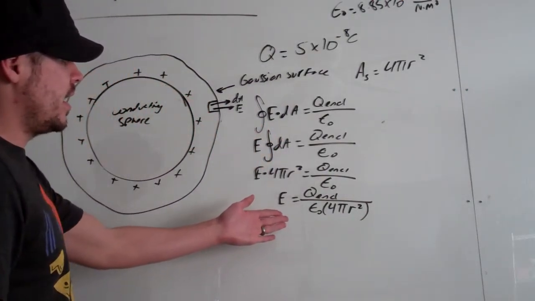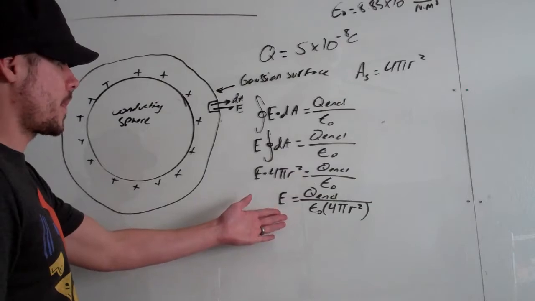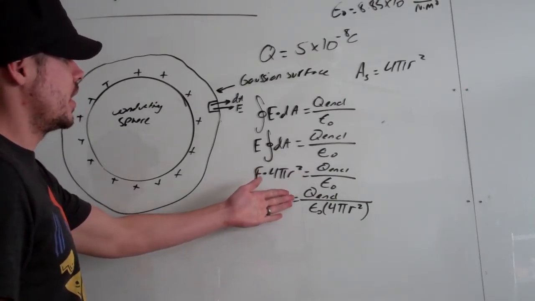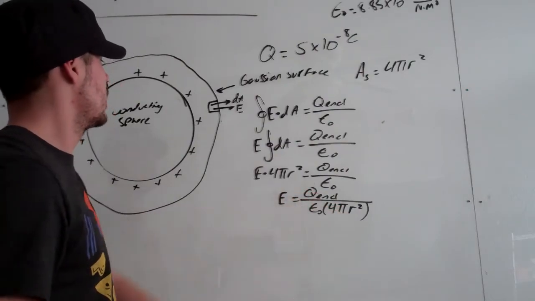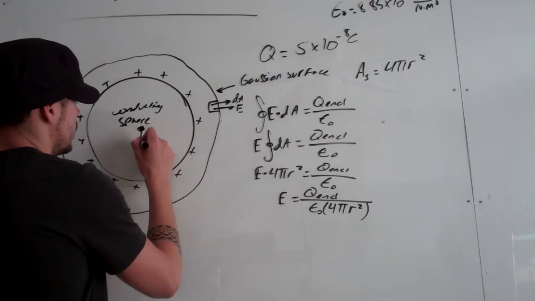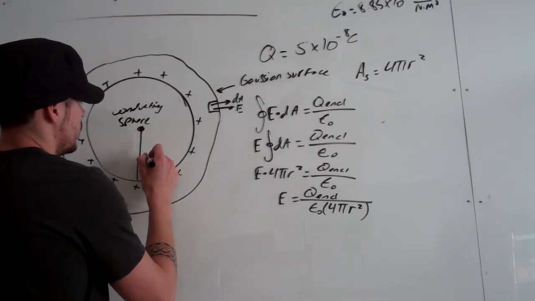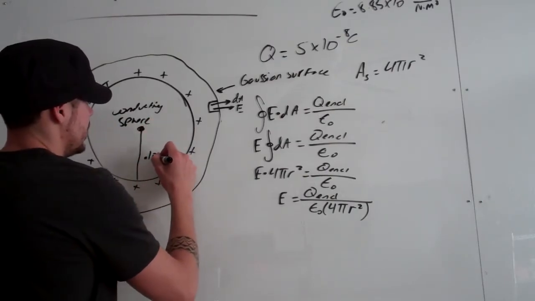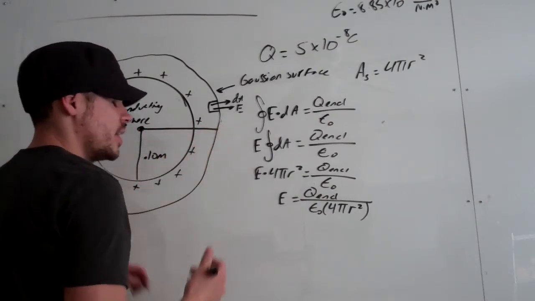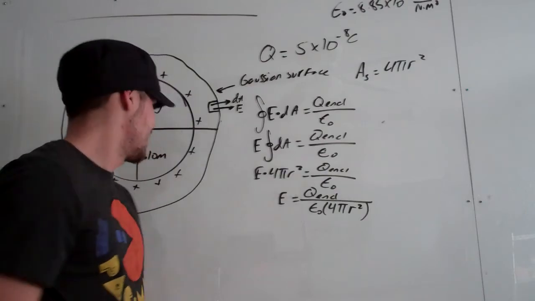Now suppose we have this charge here, and suppose we have a certain radius. Let's say that this radius right here is 0.10 meters.